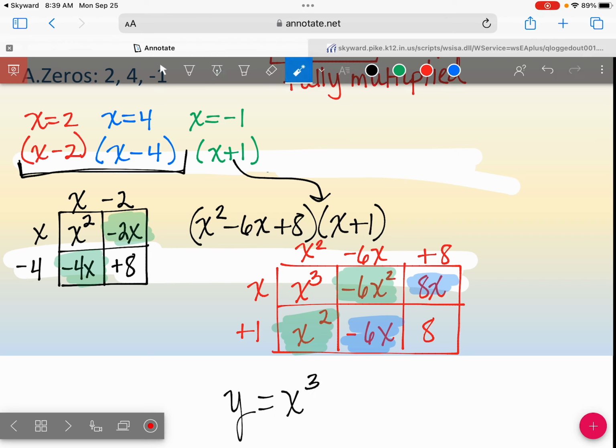And when I add these two together, that gives me what? 1 and negative 6 is negative 5. So I'm going to be really looking for the signs of your coefficients when you take your quiz next week. And then the negative 6 plus 8 is a positive 2. And this would be your final answer.